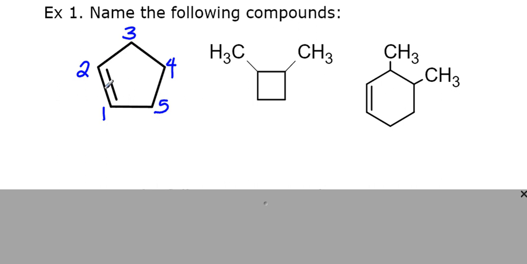So the double bond is between carbons 1 and 2. Those are low numbers. If you counted like this, it is not correct. Yes, the double bond starts on number 1, but as you go around 2, 3, 4, 5, if you number it like this, it would be between number 1 and number 5, which are high numbers. We don't want that. We want number 1 and number 2.